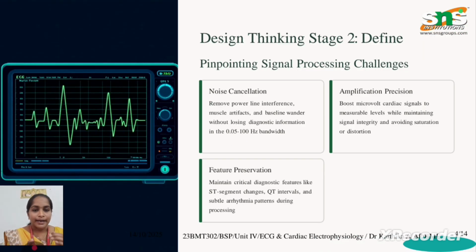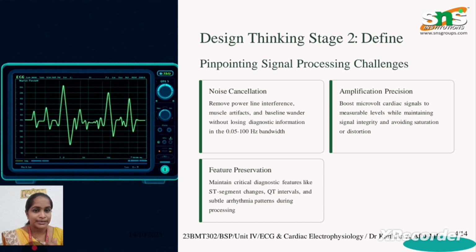See, in our define stage, here we have to pinpoint our signal processing challenges. Here our challenges are noise cancellation, amplification precision, and feature preservation. In noise cancellation, we remove power line interference, muscle artifacts, and baseline wander without losing diagnostic information, which is our main thing.